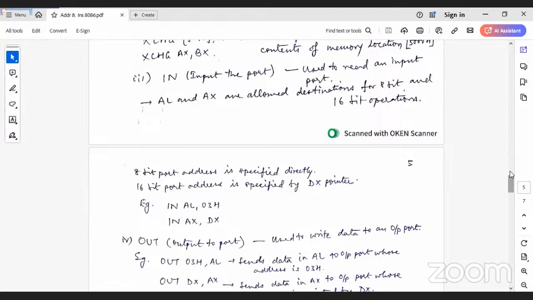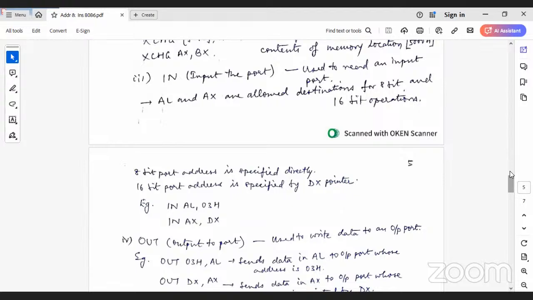A 16-bit port address is specified by the DX pointer. So in this, IN AL comma 03 means the data from port 03 will be written into your AL register, and DX is your 16-bit register, and from there the data is taken into the AX register here.